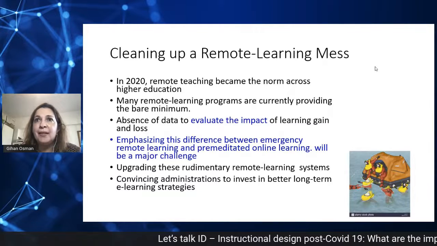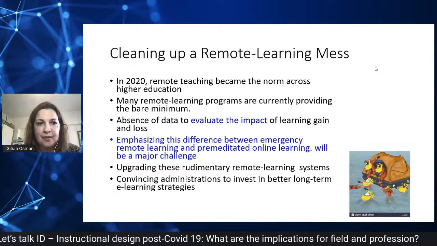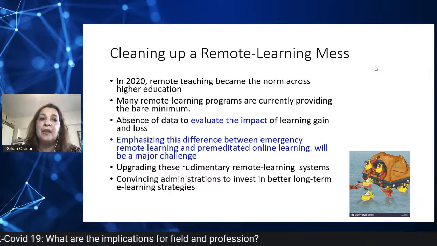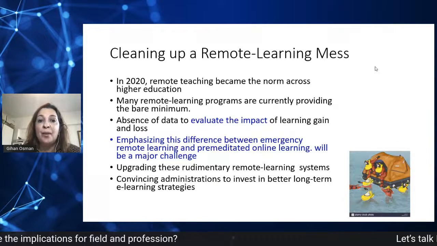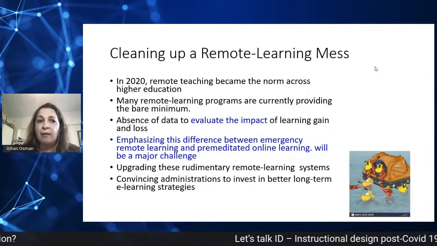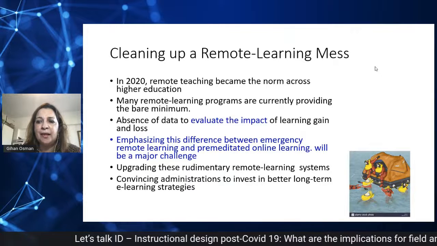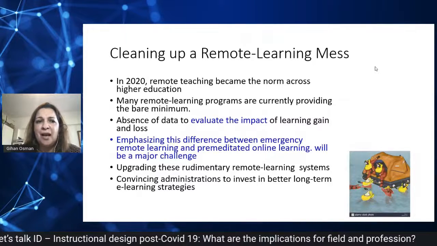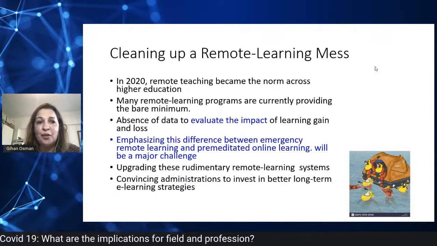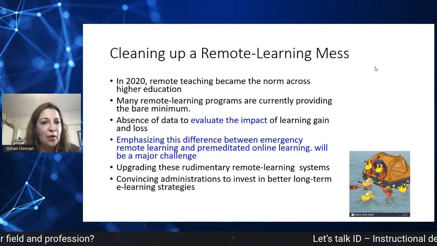So making it clear that this is not regular online learning is one of the messes that we need to clear. Other messes is that we now have these systems that are kind of working, but are really just mix and match, quick fixes, but they're not really systems that you want to take for the long run.